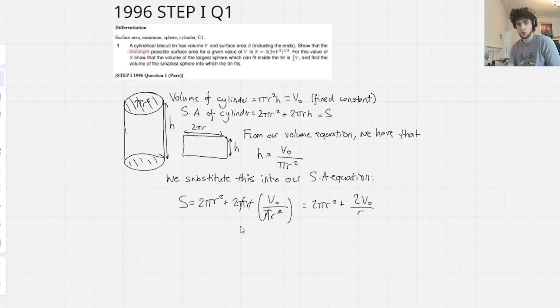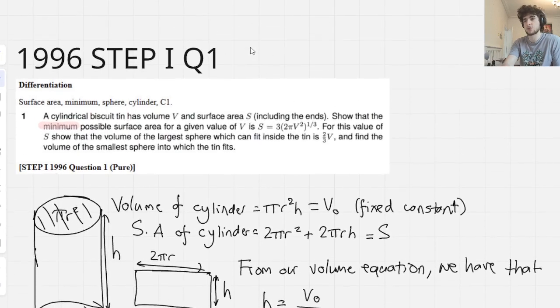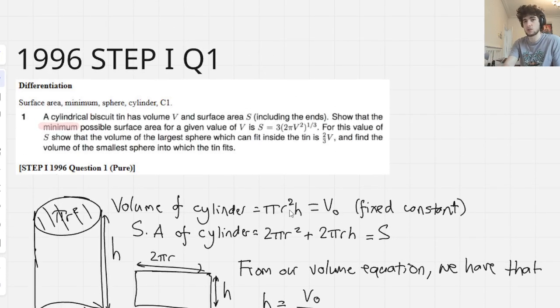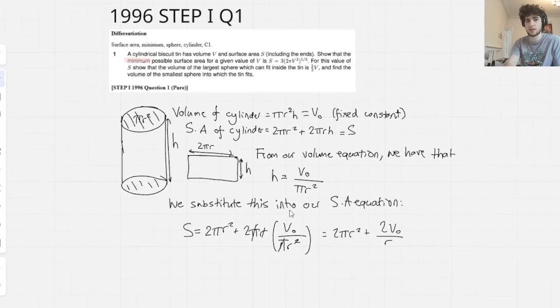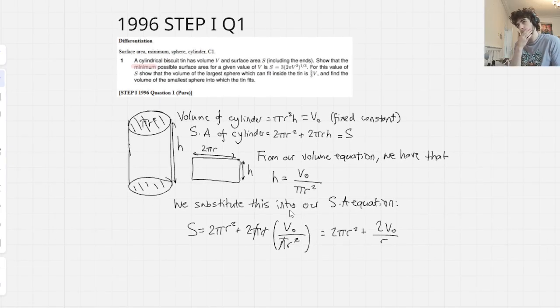Obviously, we also have this constant v naught, which we don't know, but that's okay because the question asks us to write our minimal surface area in terms of that constant v naught. So we don't need to solve for it. Well, the theme is differentiation, so we're going to have to get some differentiation in there. The clue word that I've highlighted is minimum.